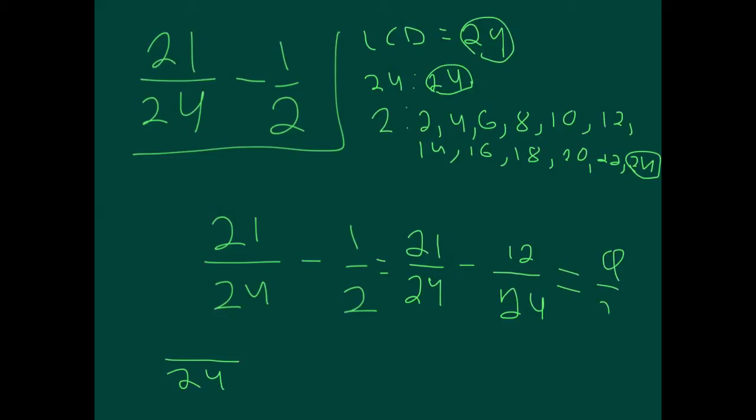So our answer is 9/24, but that could be simplified. It could be simplified by dividing by 3 on each side. And so that would equal 3/8. And 3/8 is our answer.